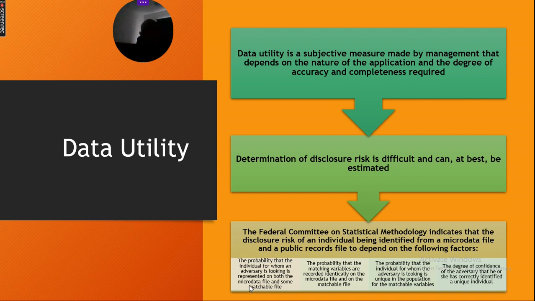And then the micro data file could be the identified data sets, like your hospital one, the one you published, and that is anonymized or that is identified. Then the probability that the matching variables are recorded identically on the microdata file and on the matchable file. So there's a probability, like it's an iteration.